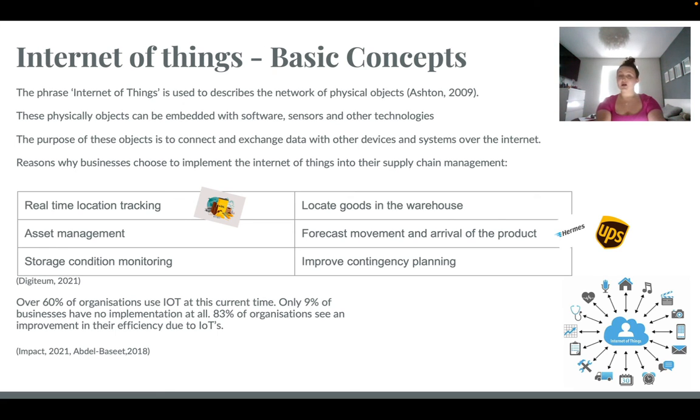These that I explain, along with others provided on the slides, such as contingency planning, as well as the extensive list of uses for the Internet of Things, all convey the reason why the use and implementation is on the rise. This is further exemplified by the fact that 60% of organisations are now using the Internet of Things at this time. The importance is further stressed by the fact that 83% believe that efficiencies are increased.